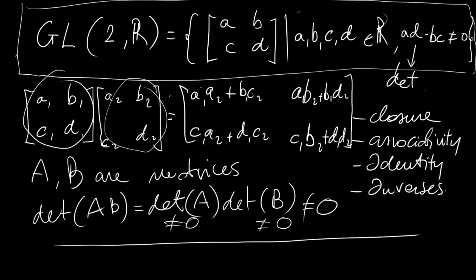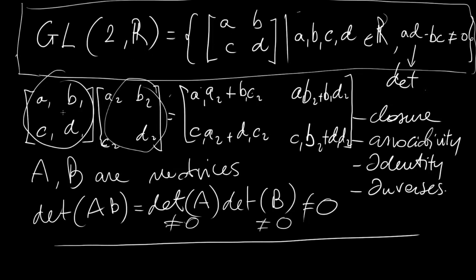Let me go through this again. We have this set, which is the set of all the 2 by 2 matrices with real entries and the determinant not 0, equipped with matrix multiplication. To check closure, we need to check that if I multiply two matrices, I'm still in the set.